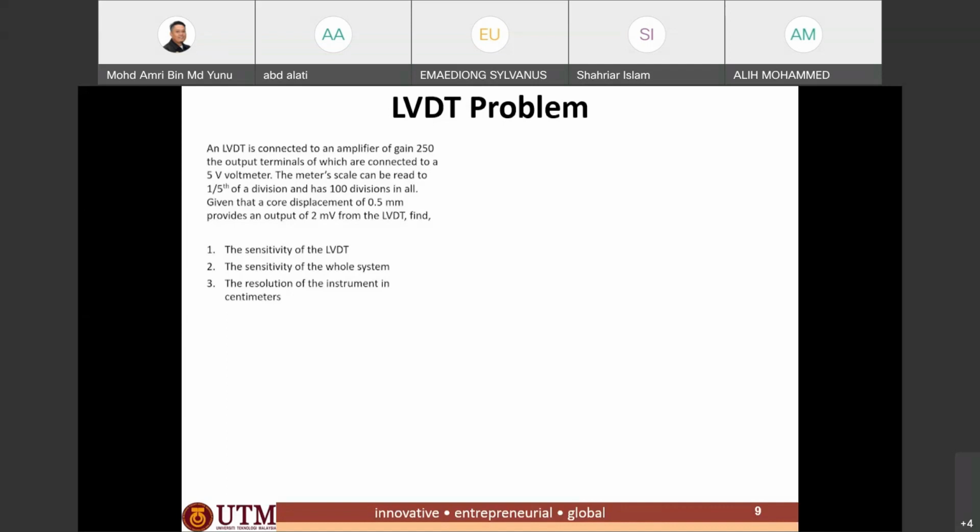So in this problem we have an LVDT. Let me represent it. So it basically measures the displacement.